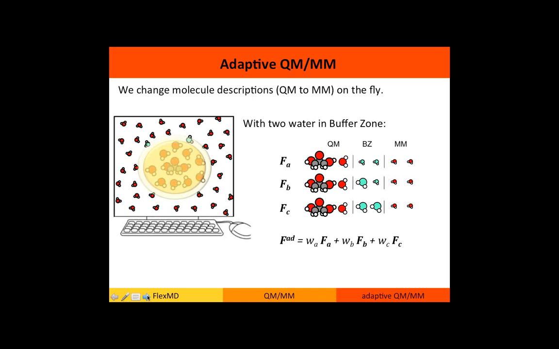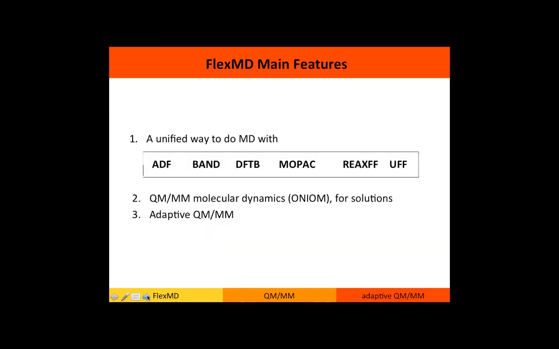And the final calculation is the QMMM calculation that treats both water molecules QM. Then the set of forces that we apply to our whole system is a weighted average of FA, FB, and FC. And the weights are now defined by the positions of both the water molecules inside the buffer zone. So that's how adaptive QMMM works in practice.